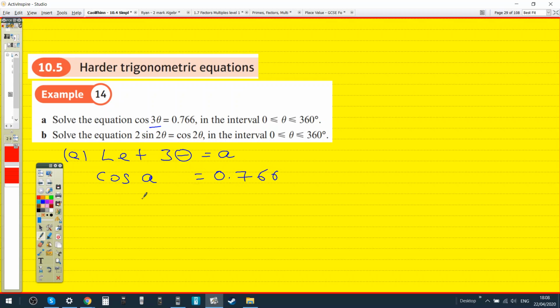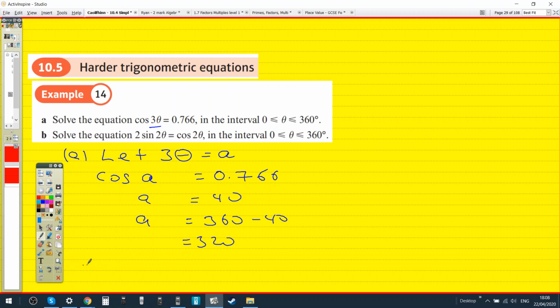And then you would do arc cos. So a is 40. Second answer: 360 minus 40, which is 320.